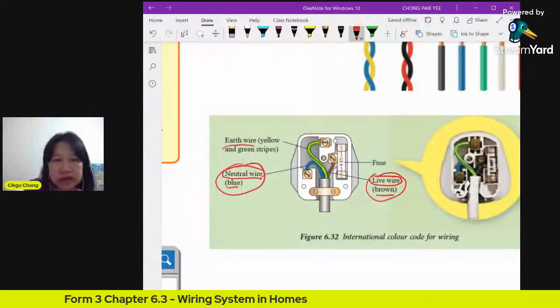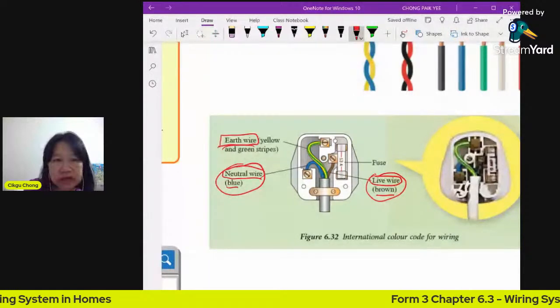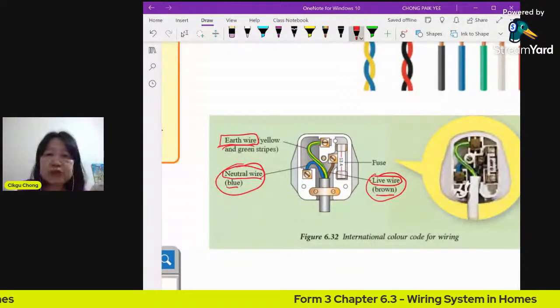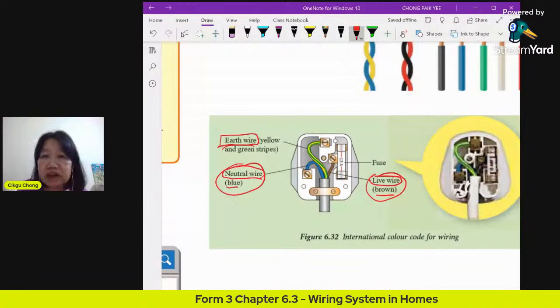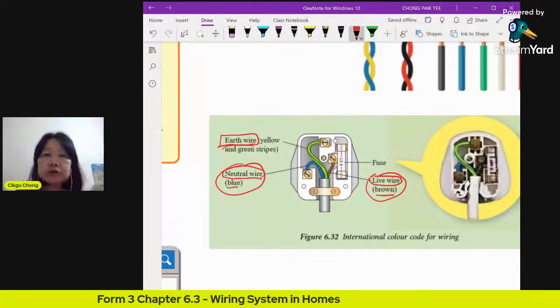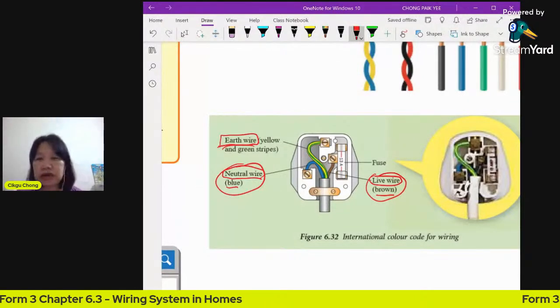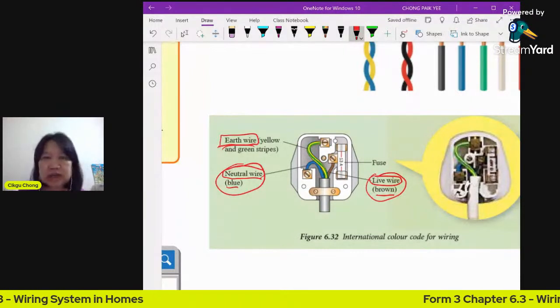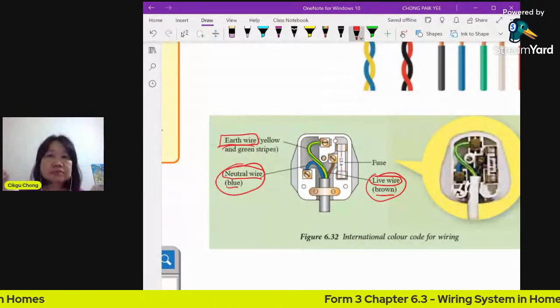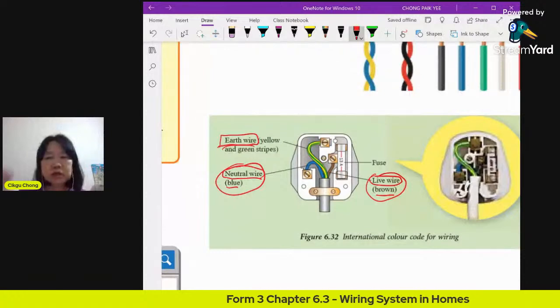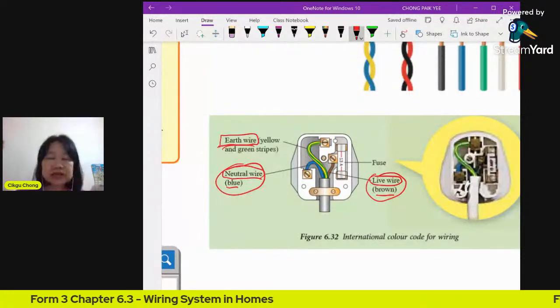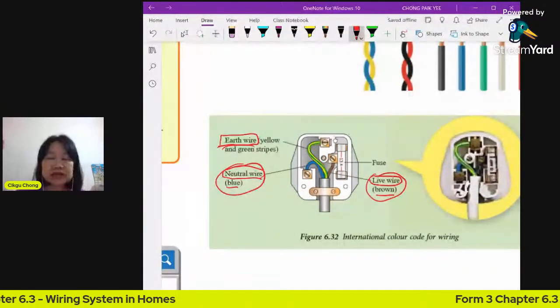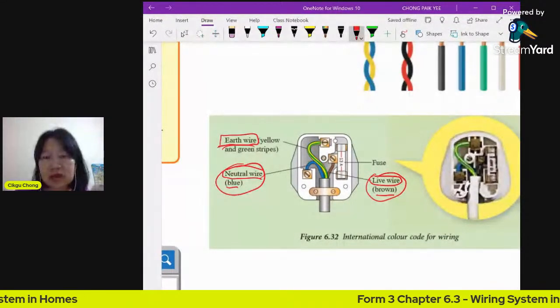Now the earth wire is a protection. It is a safety device. This is to prevent any excessive current from flowing to your body. Let's say you're touching the iron when you're ironing your clothes, right? Suddenly lightning strikes. There's a thunderstorm. When lightning strikes, it has excessive energy, up to 1 million volts of electricity.